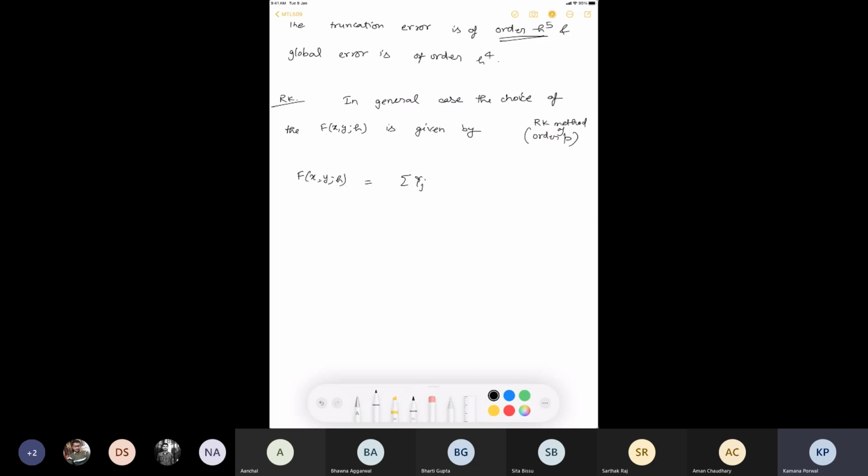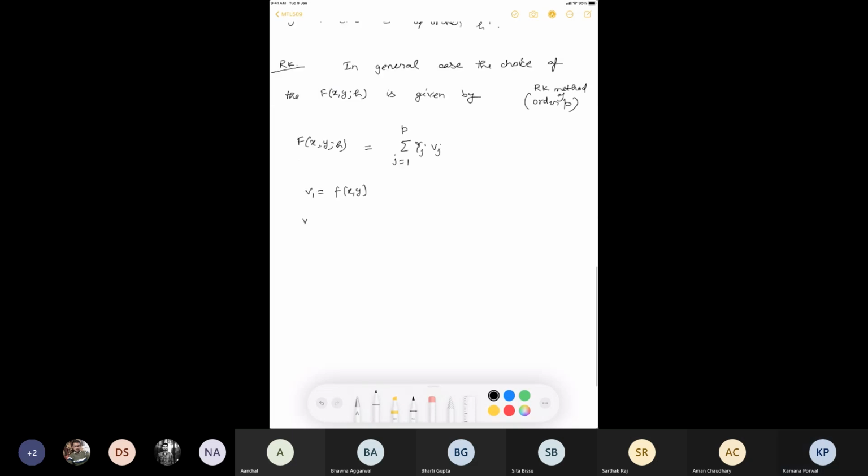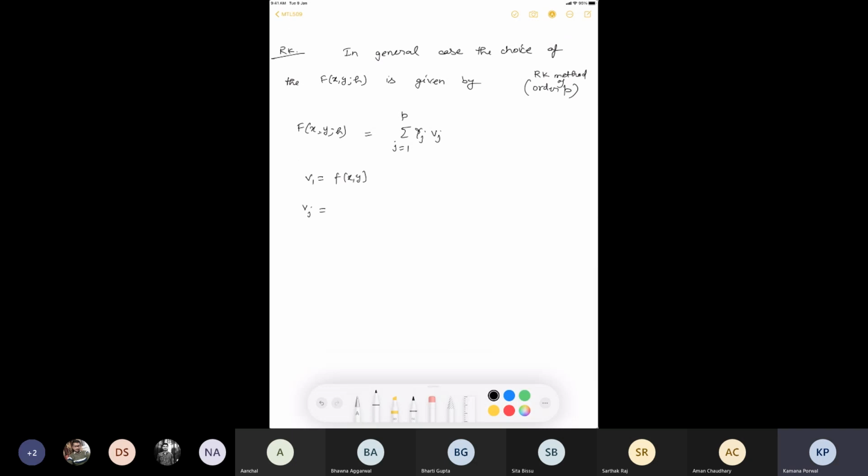So let's take gamma j times Vj, where j varies from 1 to p, and Vj's here are going to be: V1 is f of xk, yk, and for other j's, Vj is going to be f of x plus alpha j times h, y plus h times, we used beta there, so I'll use the index based on beta, a summation over i of beta ji times Vi, where i is ranging from 1 to j minus 1.